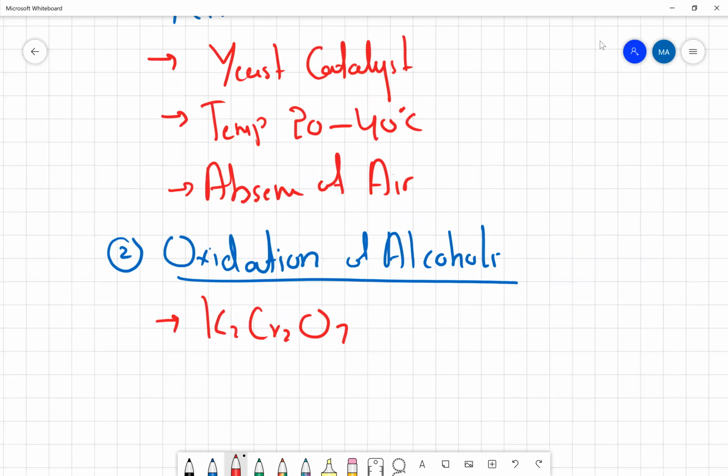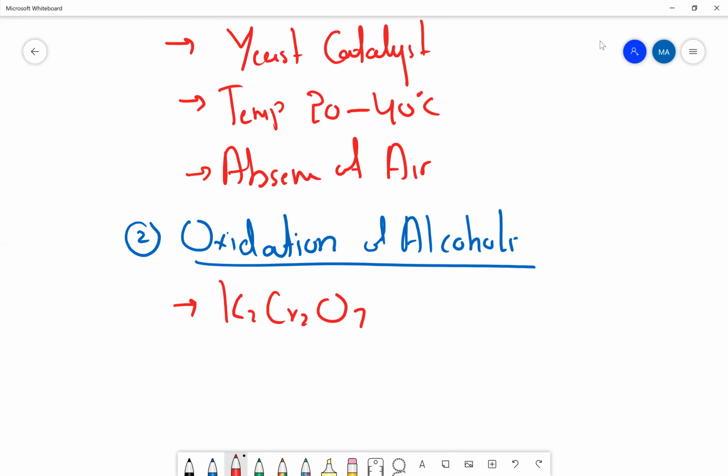It turns from orange to green. You cannot use KMnO4 here because it is a very strong oxidizing agent. It's not preferred here. And then we can also use reflux for secondary alcohols specifically. And obviously there's no oxidation for the tertiary alcohols.